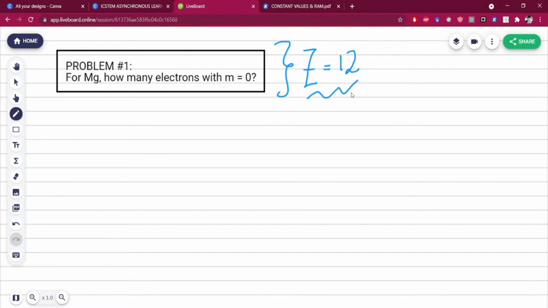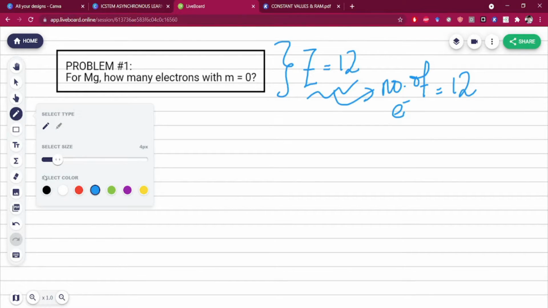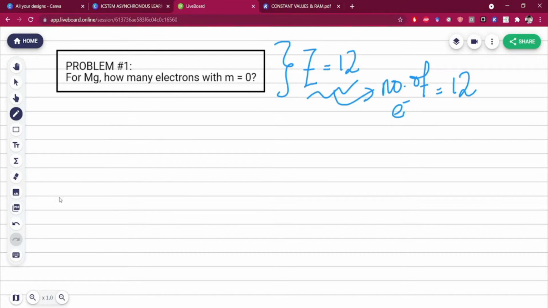So when the proton number is 12, then we know that the number of electrons will also equal 12. When we know the number of electrons is 12, we should be able to write down the electronic configuration for this particular species, which is magnesium. The first thing you need to do is to write the electronic configuration.